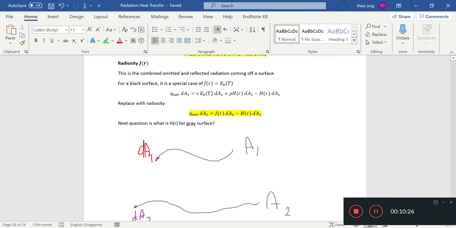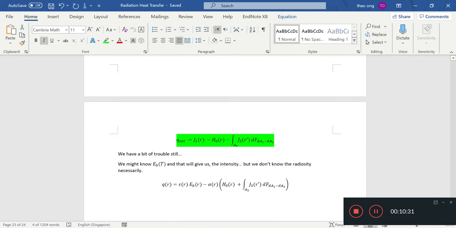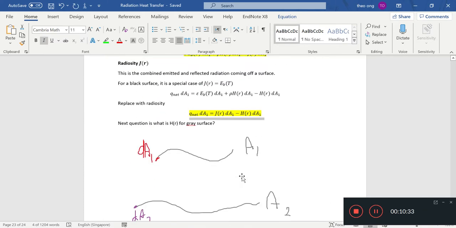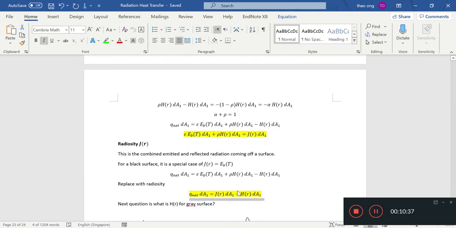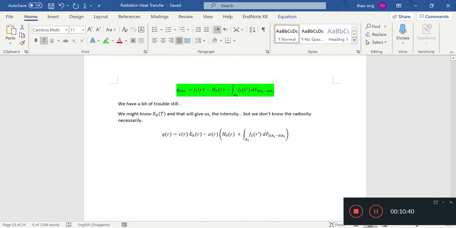Alright, so let's see if I've written this down already. I don't want to write it down again. Okay, here it is.